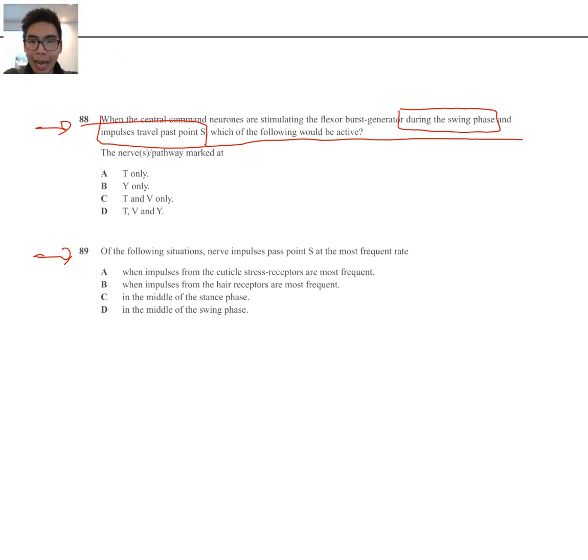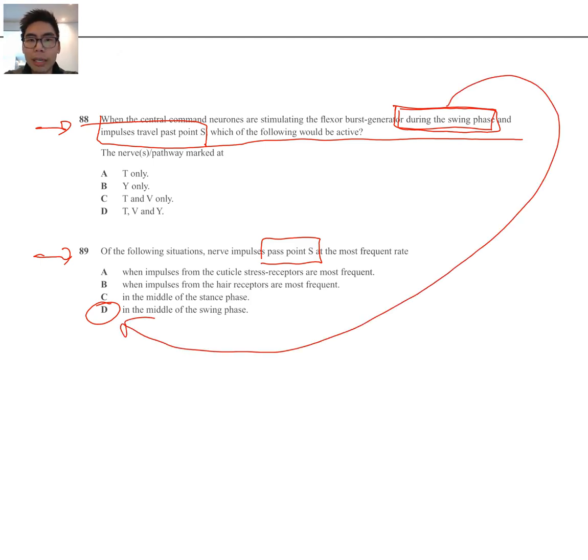In question 88, the question stem is actually answering 89 because it's asking in what situations do the nerve impulses pass point S? Well, they pass point S during the swing phase. So, in other words, D, in the middle of a swing phase. So that is a direct link to 89.